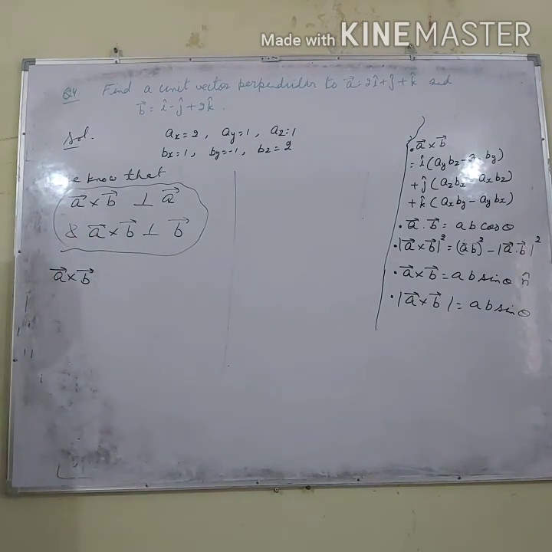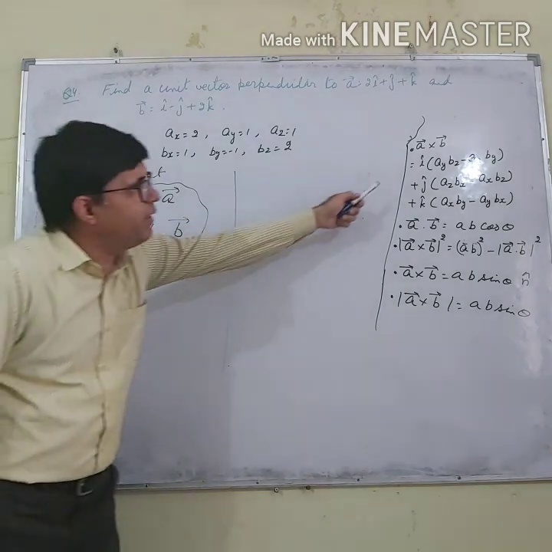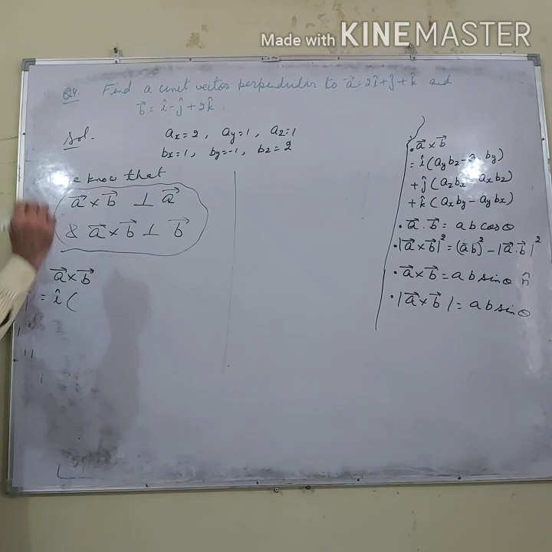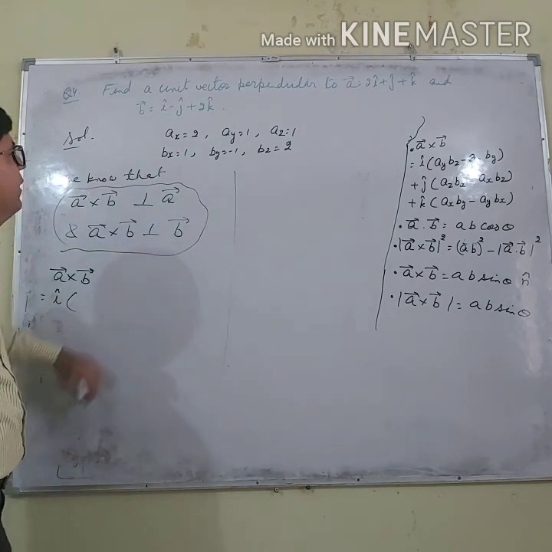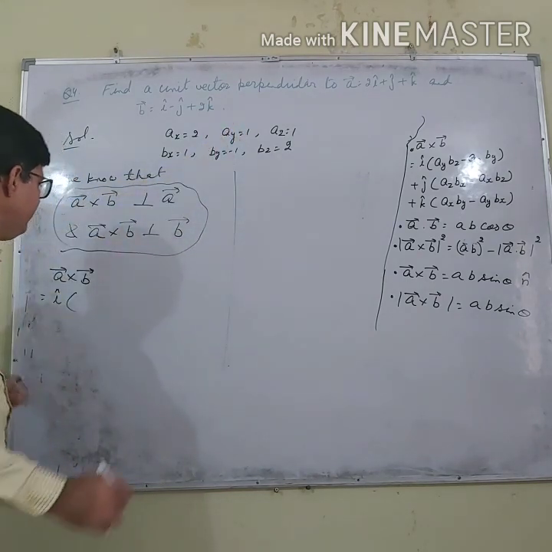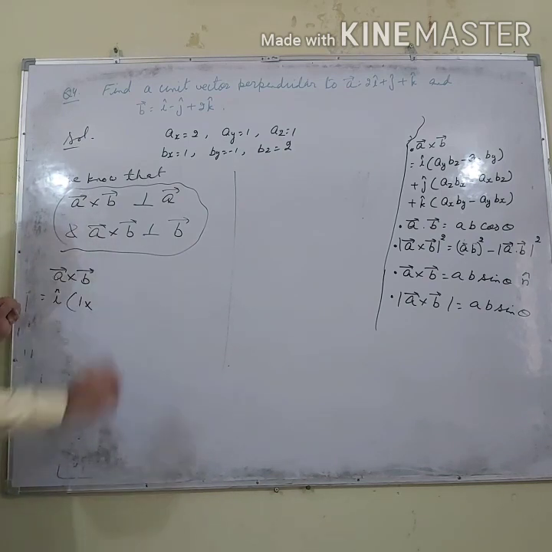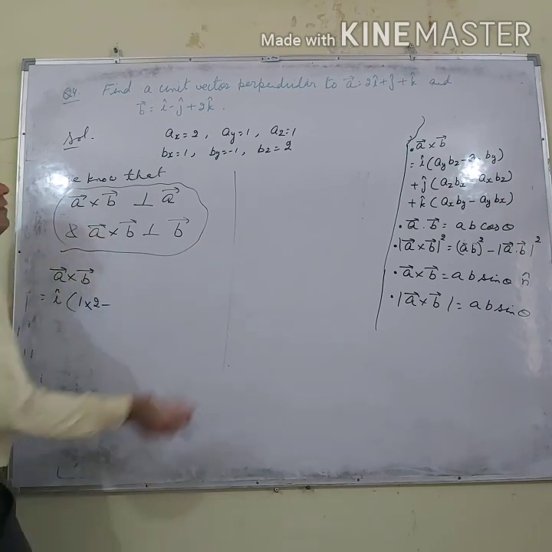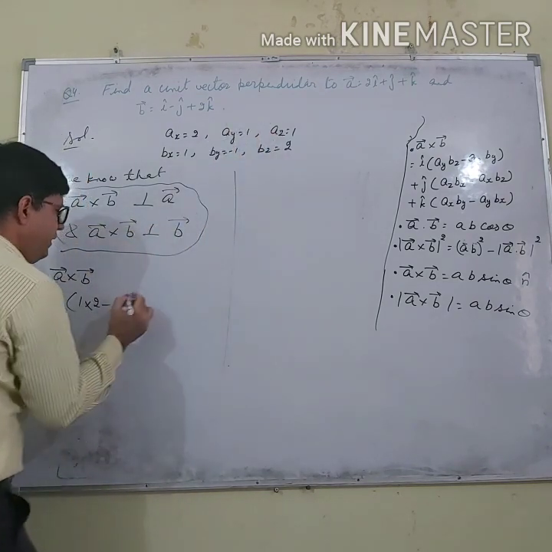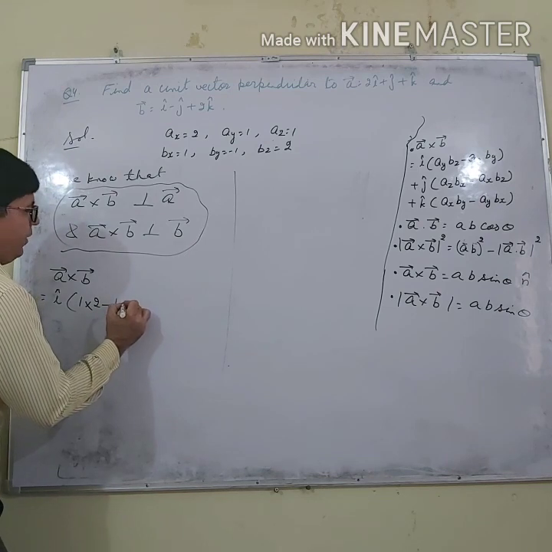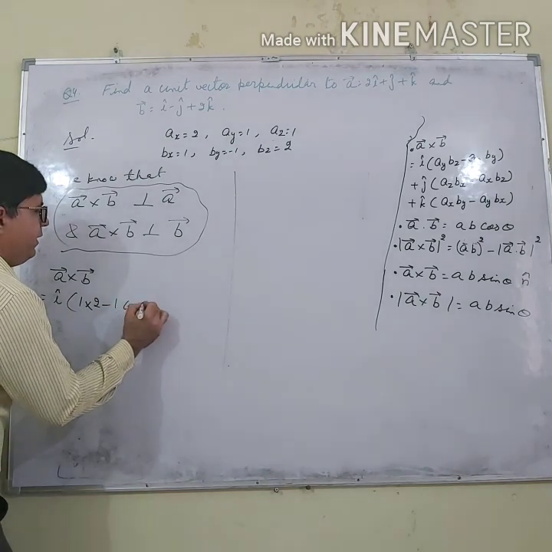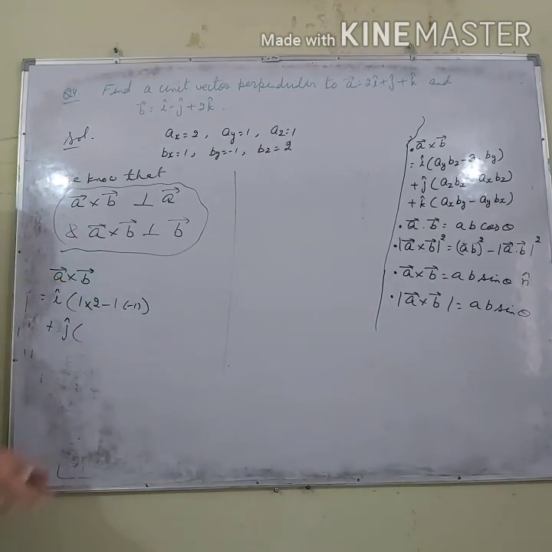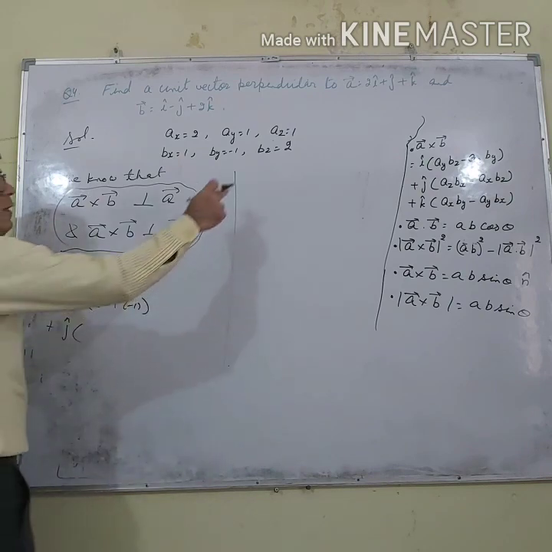To find A cross B, just put the values in this equation. So let me put the values. i equals ay, what is ay? ay is 1, multiplied by bz, bz is 2, minus az multiplied by by, and by is minus 1. Now j cap means Y axis, so remove the terms of the Y axis.